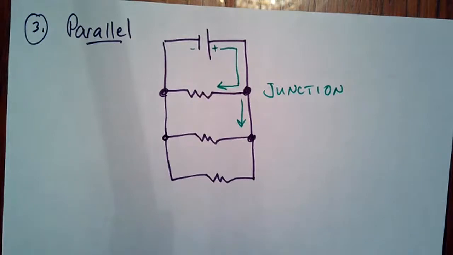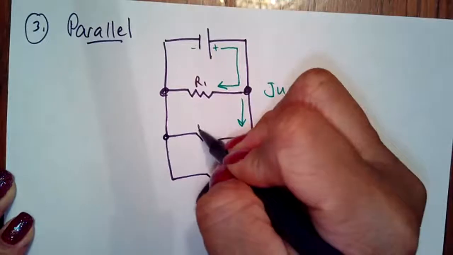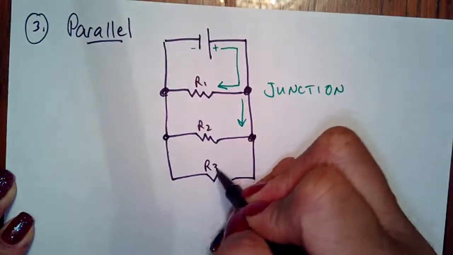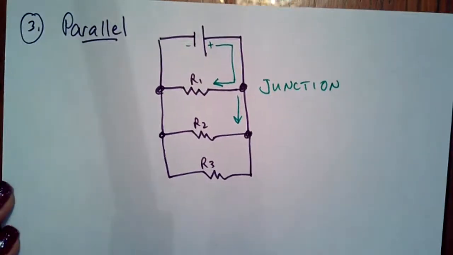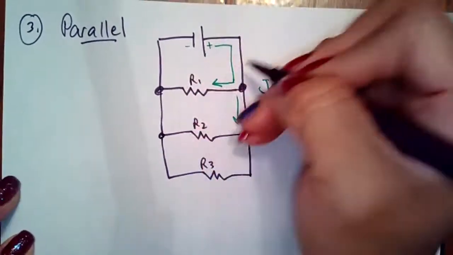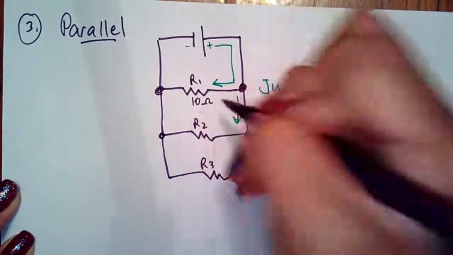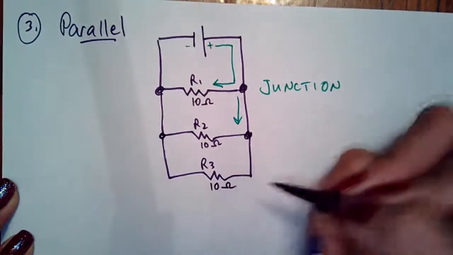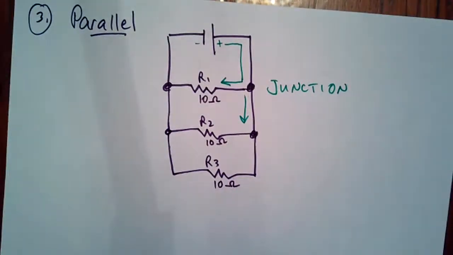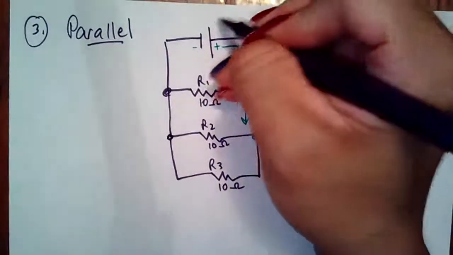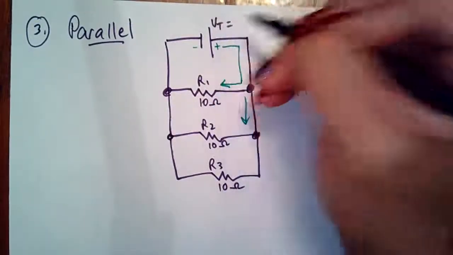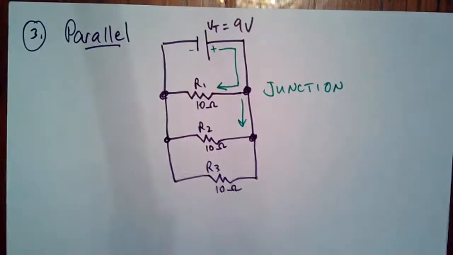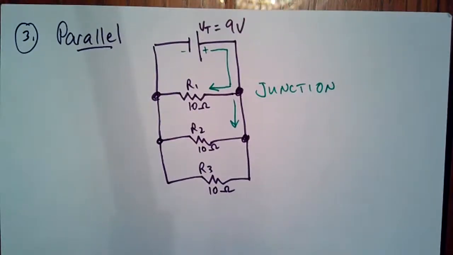Let's label our resistors R1, R2, and R3. In our example here, I'm going to make them all the same, just like in example 1. These resistors all have 10 ohms of resistance each. And for the total voltage or EMF, I'm going to give this circuit 9 volts of potential difference.